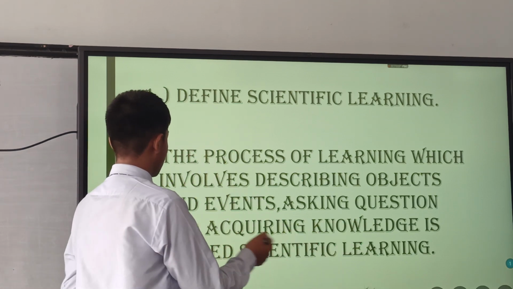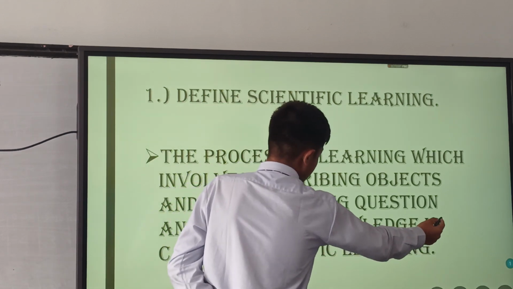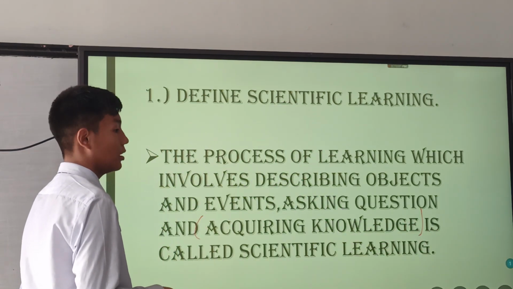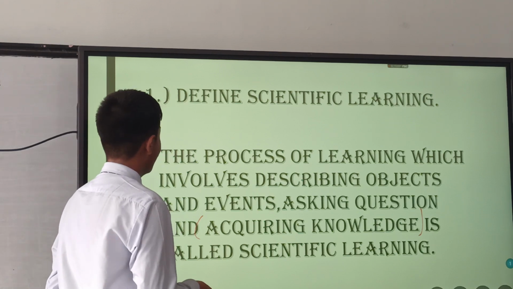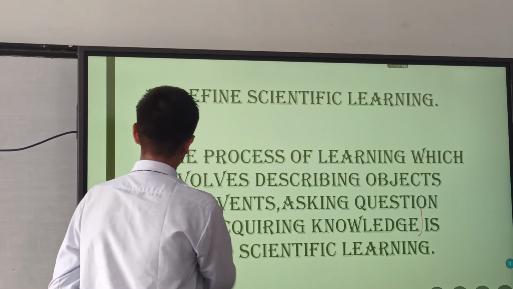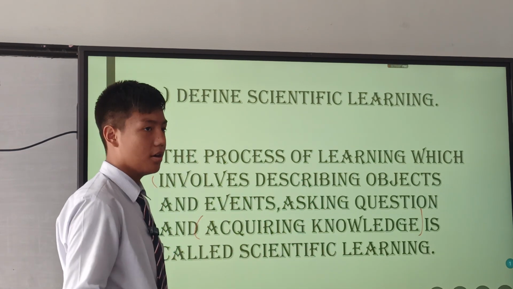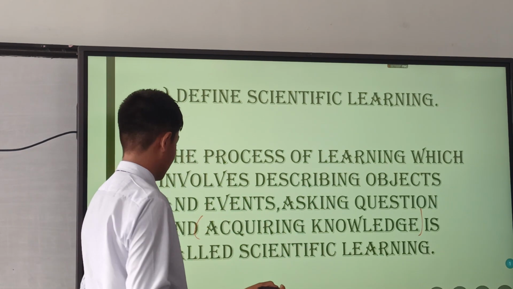There are different methods of acquiring knowledge, like through surveys and resources like Google, and then it involves describing objects. That's how we know our scientific name, other organism scientific name.